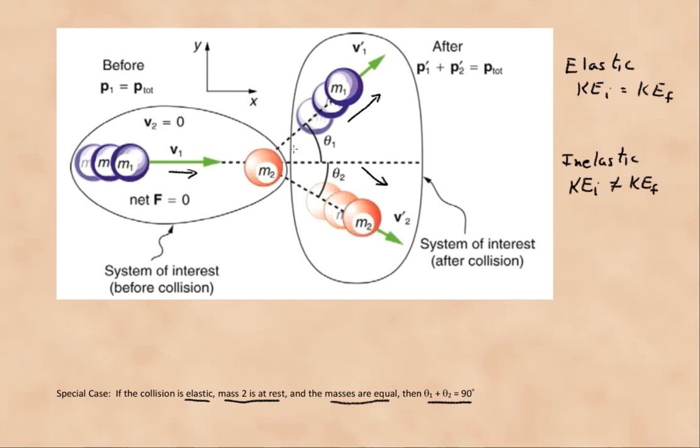In this picture up here, if these two masses are equal and it is an elastic collision, and mass 2 is initially not moving, then this will be a right angle. Theta 1, the direction in which mass 1 is moving after the collision, and theta 2, the direction in which mass 2 is moving after the collision, will be 90 degrees apart.